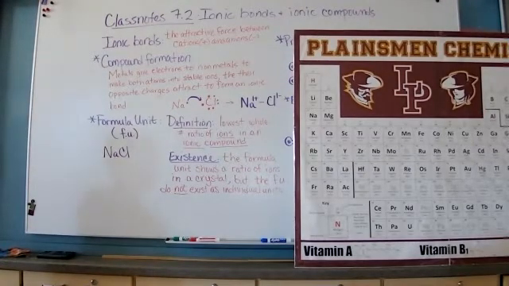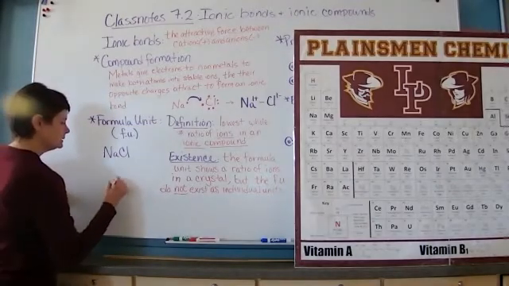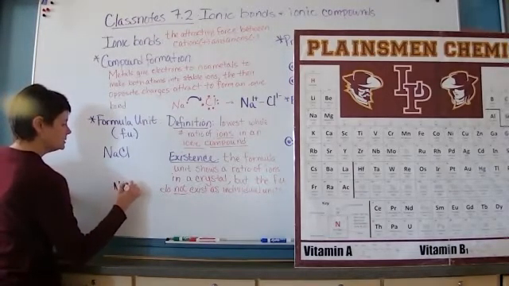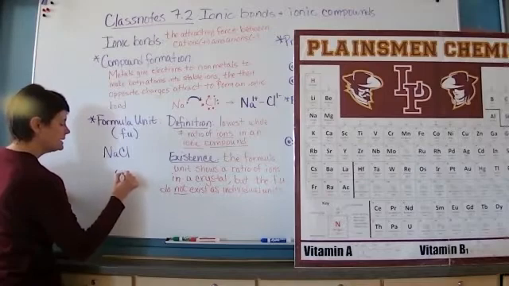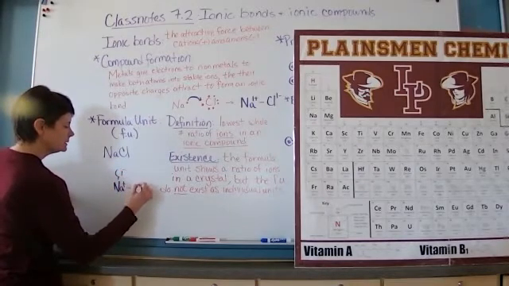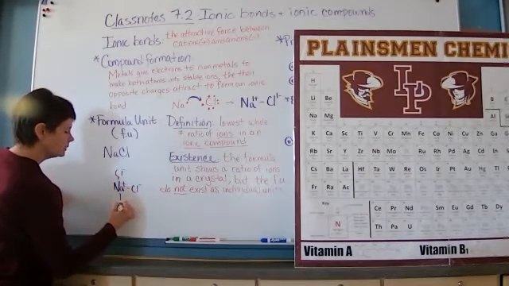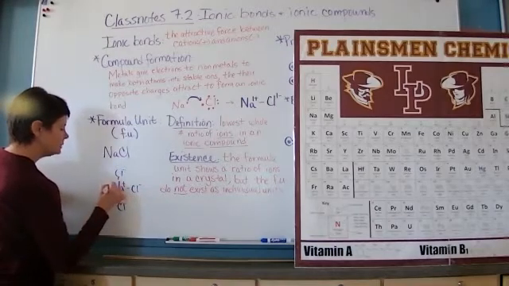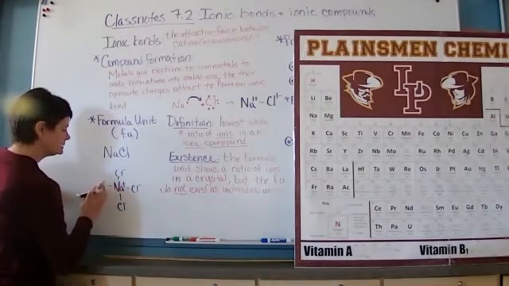However, if we have a solid that's formed and is sodium chloride, it actually is sodium ions surrounded by many chloride ions, which are each surrounded by many sodium ions.